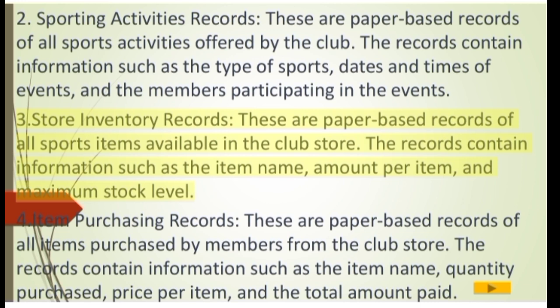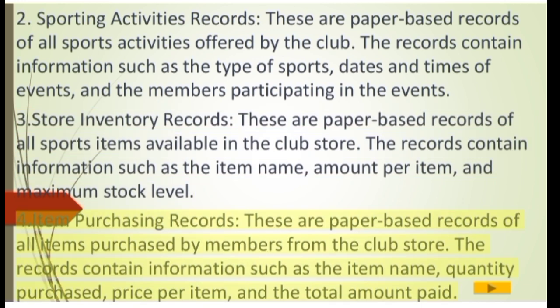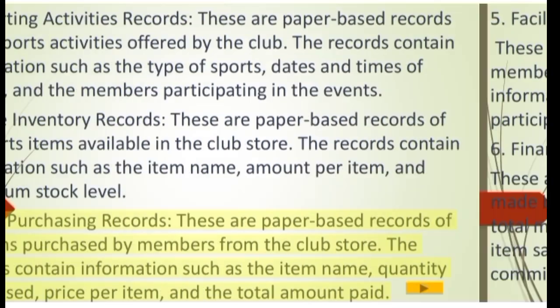The records contain information such as the item name, amount per item, and maximum stock level. 4. Item purchasing records. These are paper-based records of all items purchased by members from the club store. The records contain information such as the item name, quantity purchased, price per item, and the total amount paid.